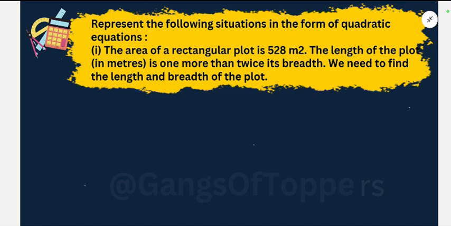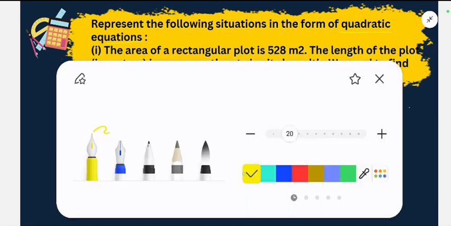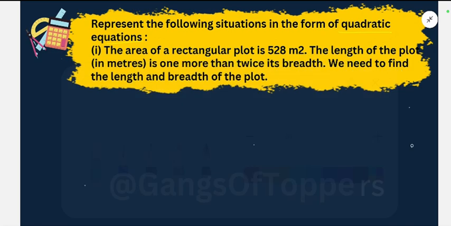We have been given some statements and we need to form a quadratic equation from these statements. Let me change the pen color. Okay, so what we have given: the area of a rectangular plot is 528 meter square.